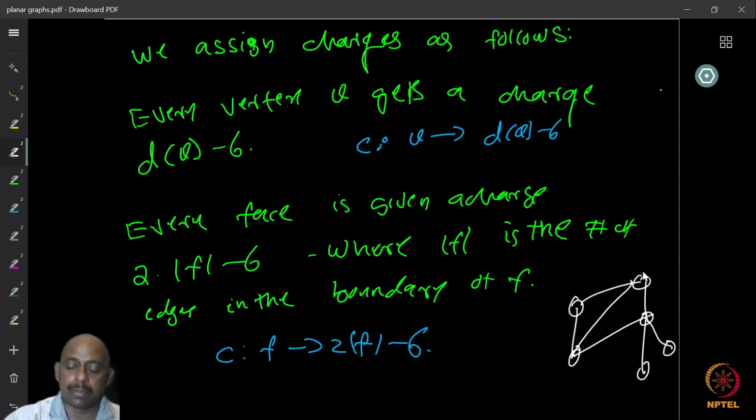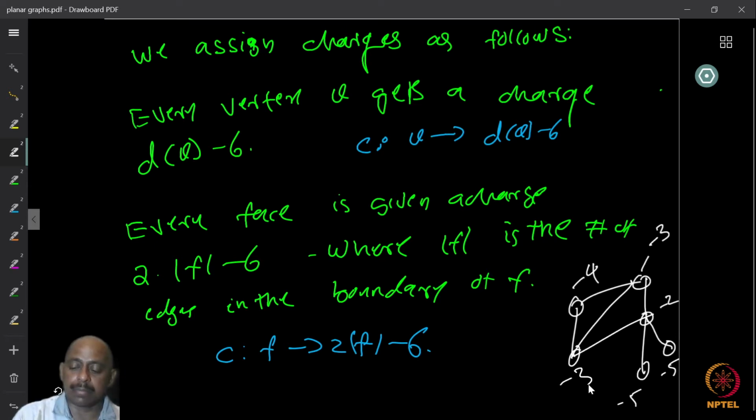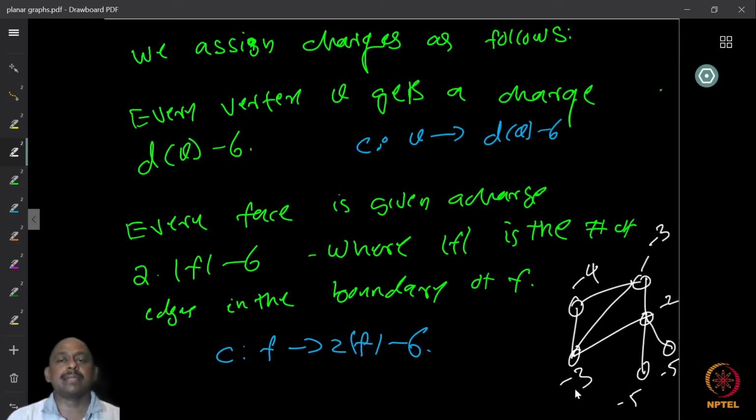So this vertex is degree 3, therefore it will get minus 3 charge. This vertex of degree 2 will get 2 minus 6, which is minus 4. Here I will get 4 minus 6, which is minus 2, then 1 minus 6 is minus 5, and so on. So all the vertices get a charge, its degree minus 6.